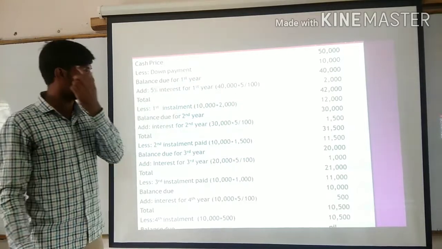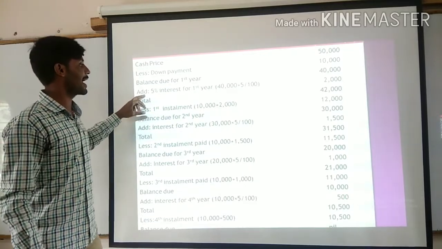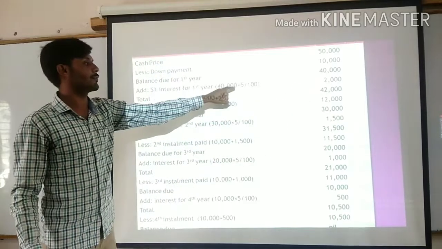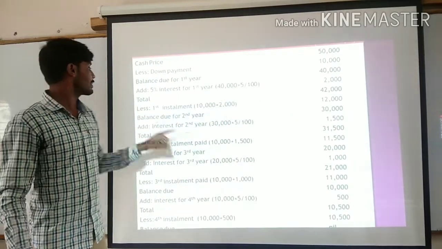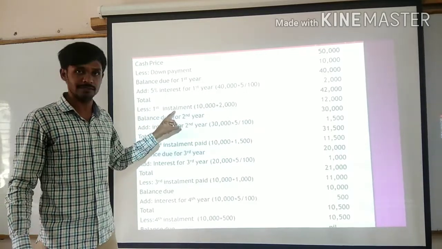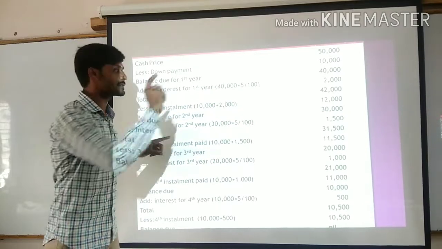The balance due for the first year is 40,000 rupees. Later on, we just need to add interest for the first year on the balance due. 40,000 into 5% we will get 2,000. So a total of 42,000 we will get. From that, we need to deduct the first installment. Remember, the installment doesn't include interest here.